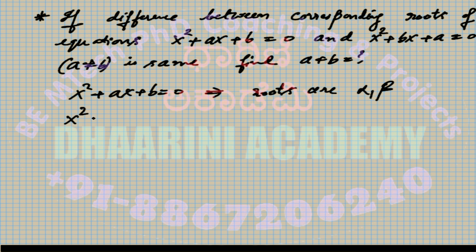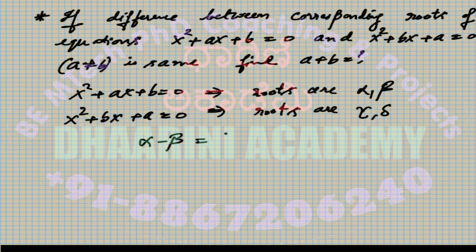For the other equation, x square plus bx plus a equal to 0, let's assume the roots are gamma and delta. So they are giving a condition that the difference alpha minus beta should be equal to gamma minus delta.